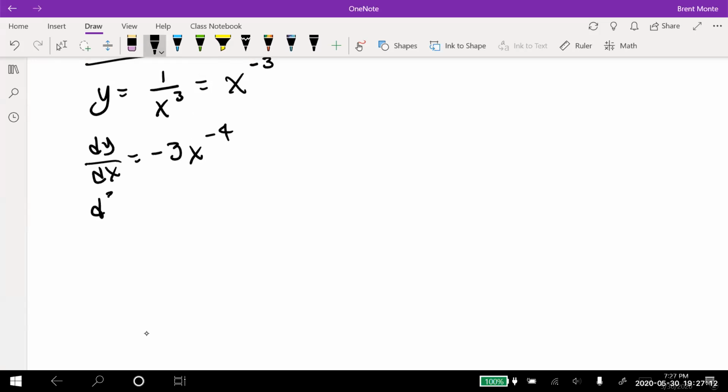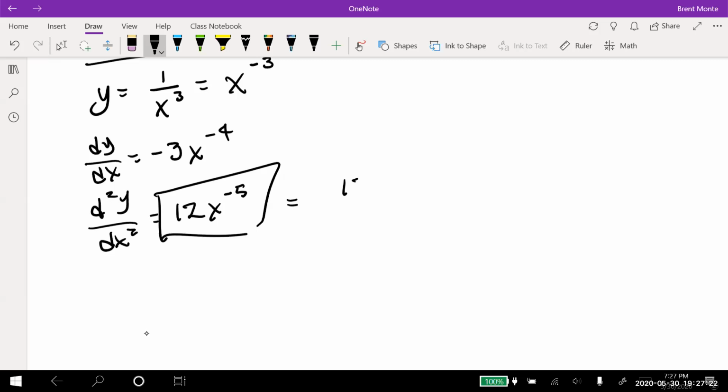The second derivative, d2y over dx2, negative 4 times negative 3 is positive 12x to the negative 5. That's my answer. If you wanted to write it as 12 over x to the 5, you certainly may. But note that when x to the 5 goes to the bottom, that negative 5 only relates to the x, not the 12. So the 12 stays on top. All right. So again, pretty quick.